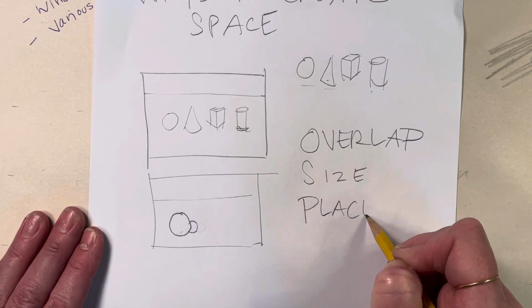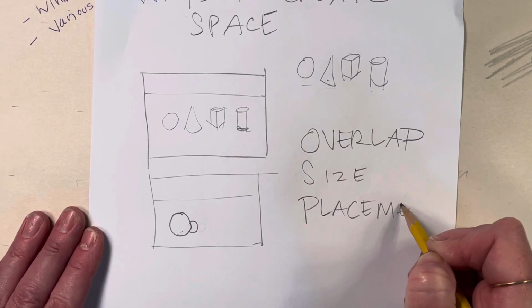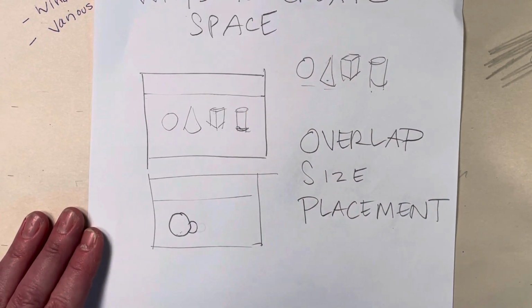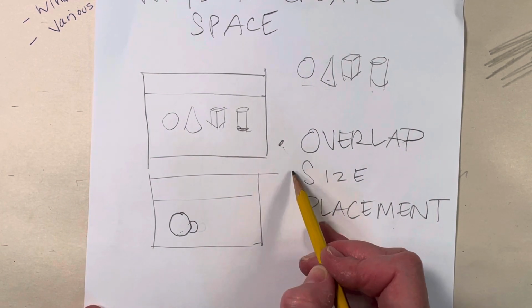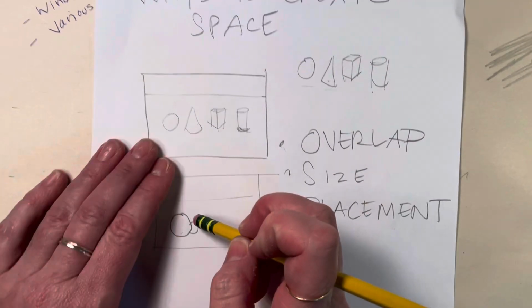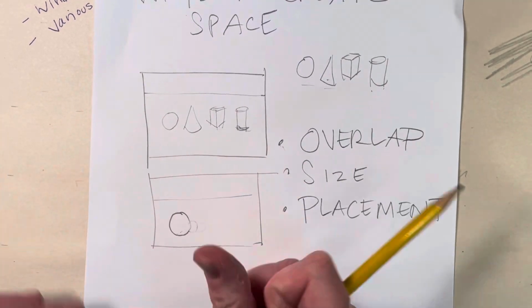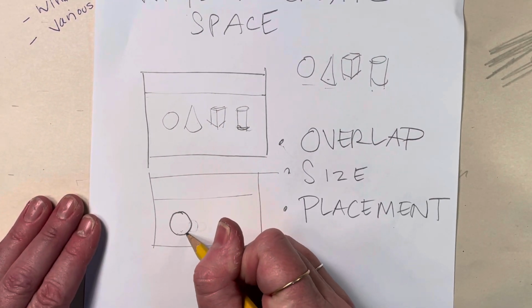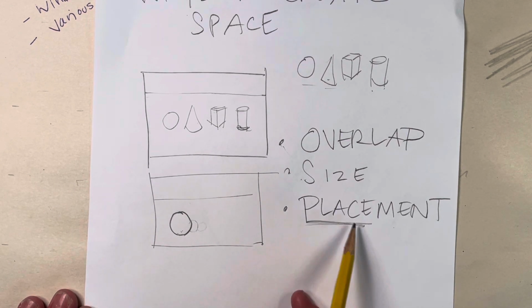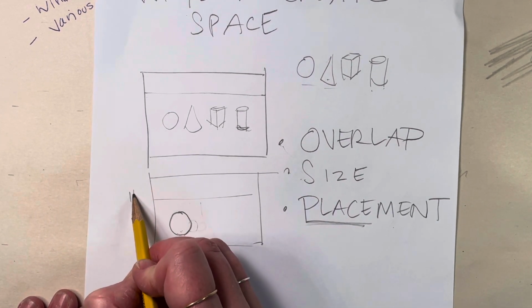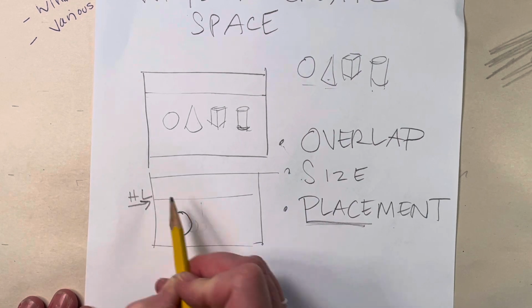You also have to use size and placement. These guys are like a little team, like a little X-Men team. You don't really use many of them all by themselves, okay? So if I take that little sphere, and I've already made him smaller, now I'm going to place him closer to the horizon line, remember this is called the horizon line, right?